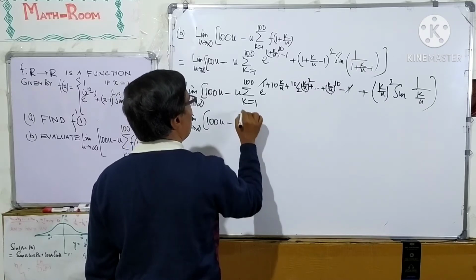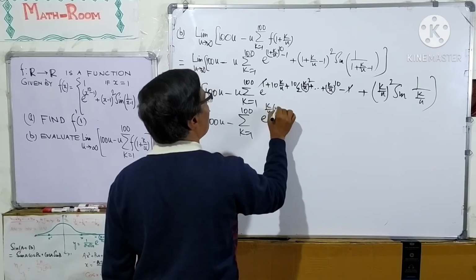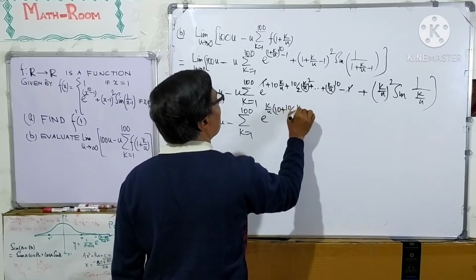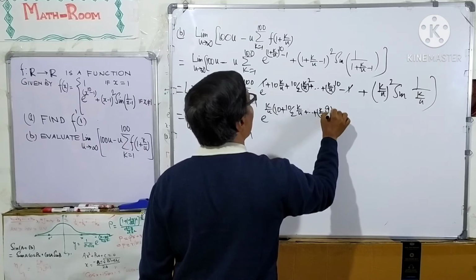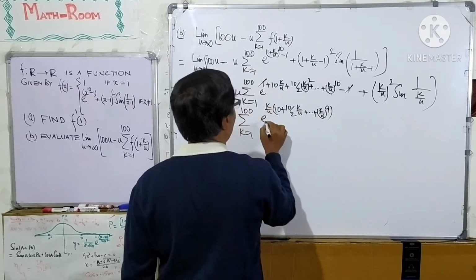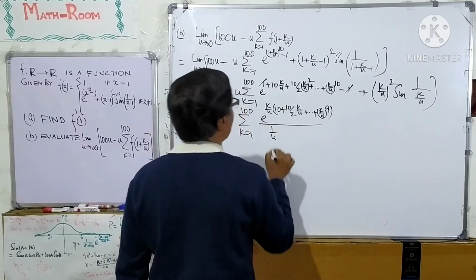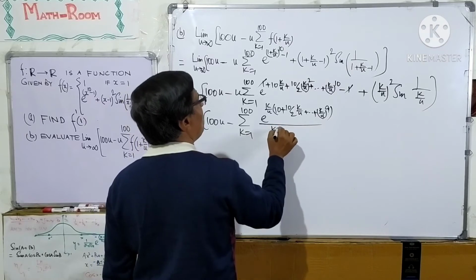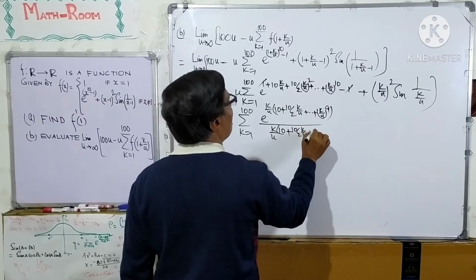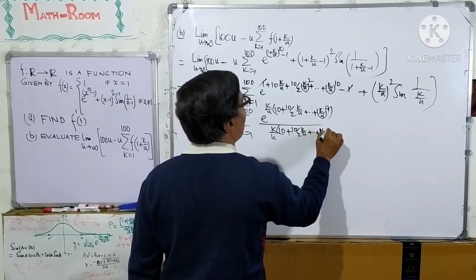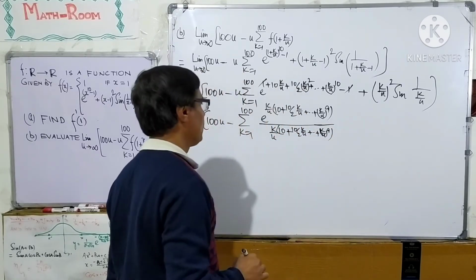Also we can write this as the summation from k equal to 1 to 100 of e to the power k over u times (10 plus 10C2 k over u dot and so on up to (k over u) to the power 9), over 1 over u. We can multiply the denominator by k into (10 plus 10C2 k over u dot (k over u) to the power 9), and we also have to multiply the numerator by the same quantity.